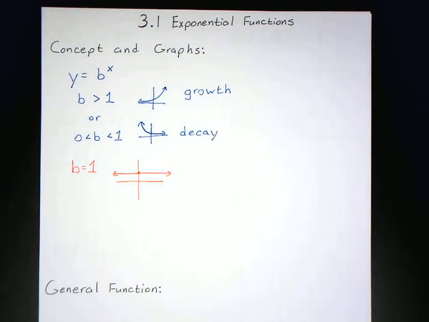Well, that's no fun. If b equals 1, 1 to the x power is always 1. So that's why we throw that number out. It's not that it's impossible to be that. It's just that it's boring. It doesn't do anything. It's not really exponential. We don't have growth or decay. We have a line.